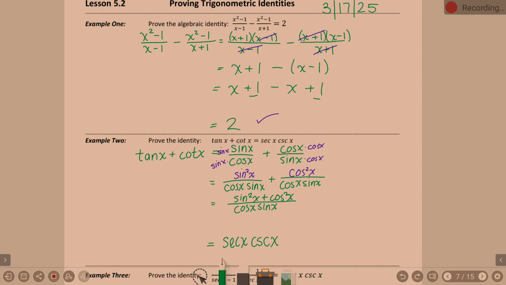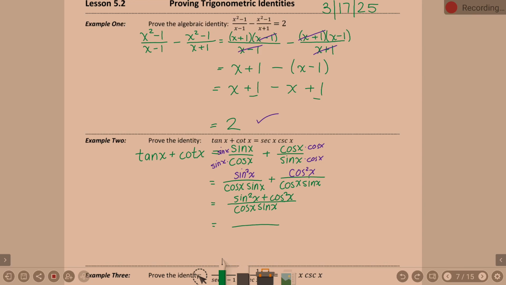Why is it equal to 1? One of our Pythagorean identities, right? You still are flipping back to that page as you need to. One of our Pythagorean identities is 1. Now, I'm going to write this a little bit lower because I'm running out of room.